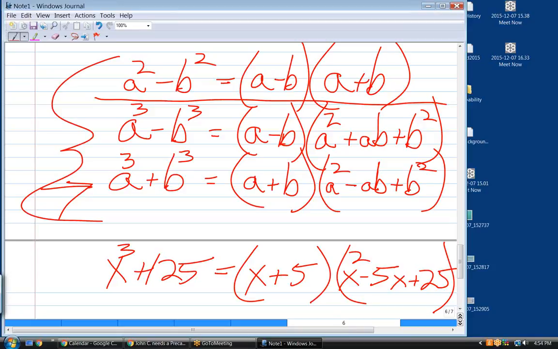The key in memorizing all three of these is that the sign of the linear term is the same as that, that sign is the same as that, and that sign is the same as that. And then whatever the second term is, the sign is opposite. In other words, that's positive, that's negative, opposite. And if you memorize it that way, there's very little chance of making a mistake.